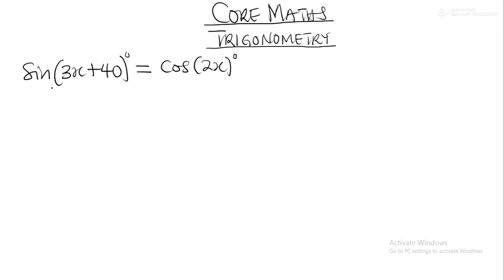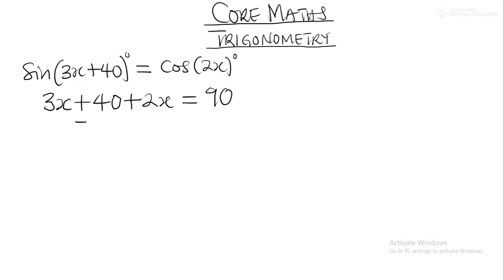So now we are going to have 3x + 40 + 2x equals 90. Remember, they are all in degrees, so that is why I omitted the unit. The unit will cancel out.